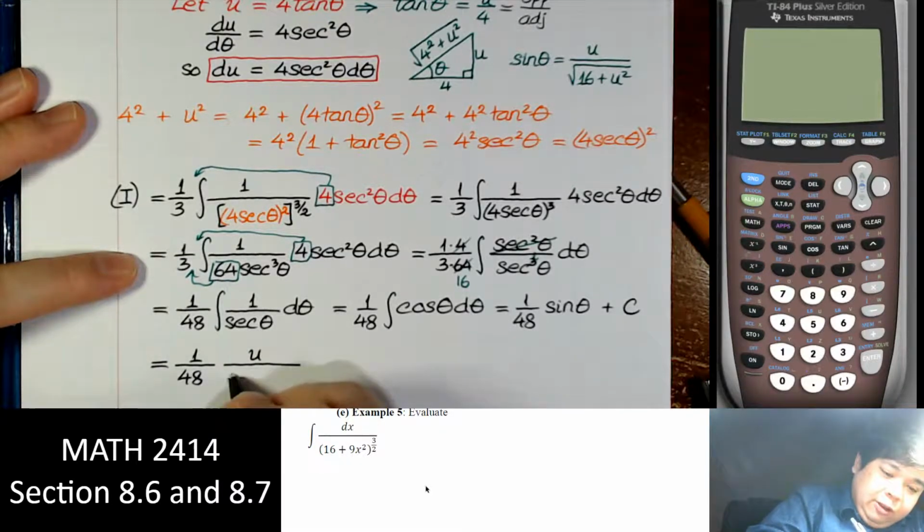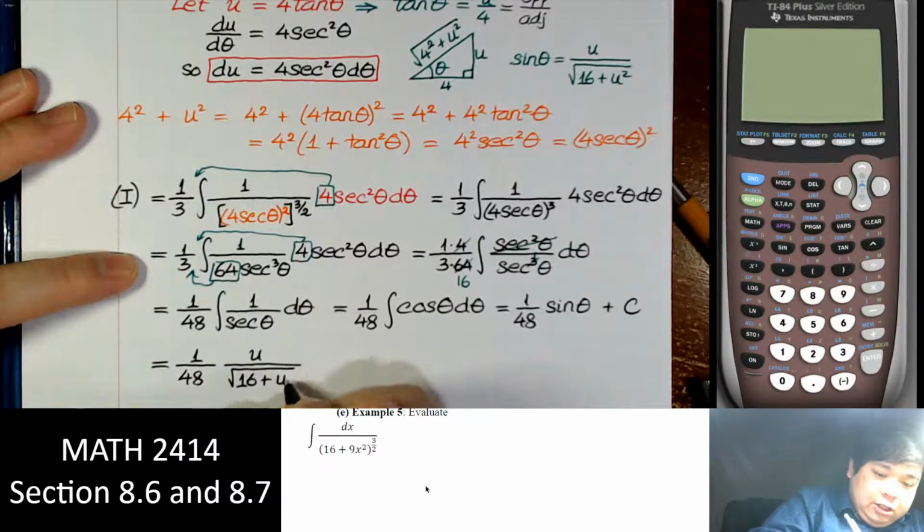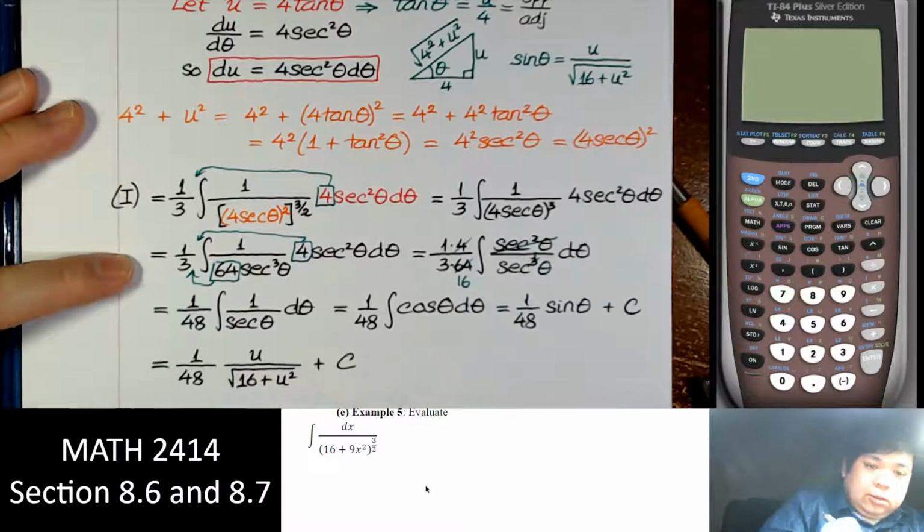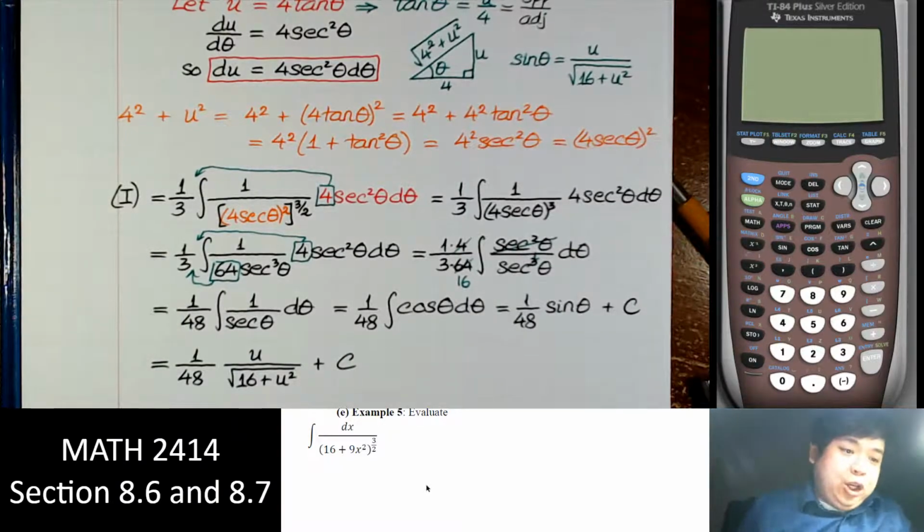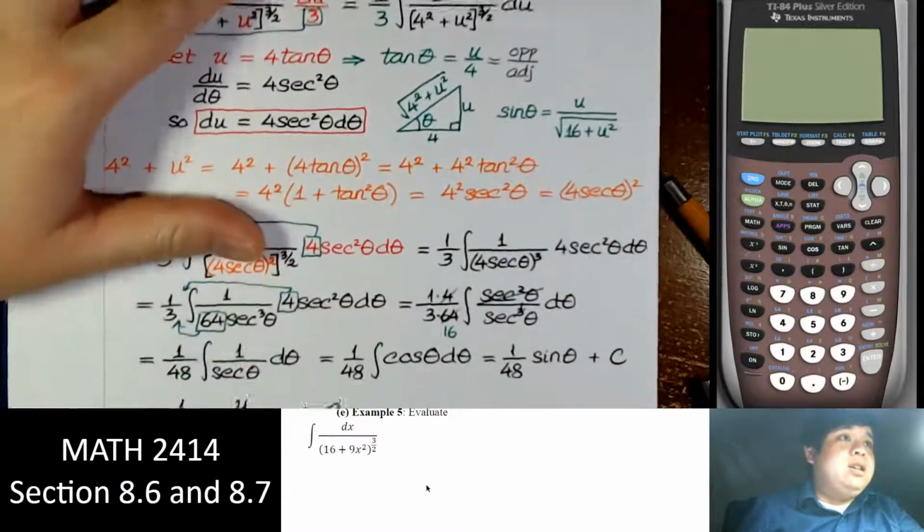U over square root of 16 plus u square, and then u finally is 3x.